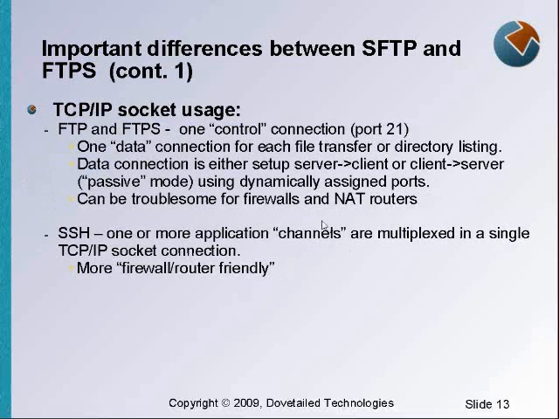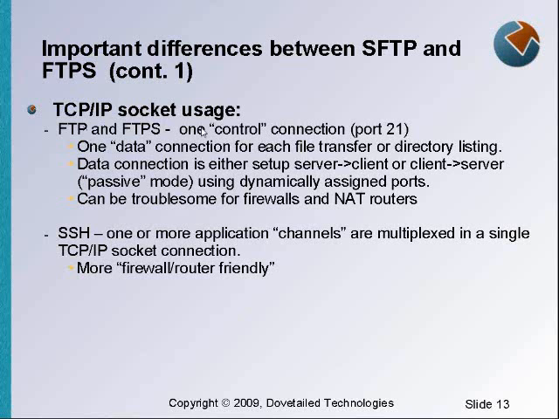Some more differences, and this is kind of an important one that we'll discuss for a minute, is the differences between SFTP and FTPS in terms of how they use socket communications. As many of you probably know, FTP and FTPS have this strange traditional way of working where there's a control connection made on port 21.